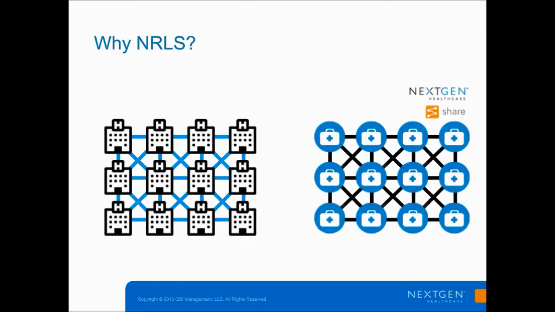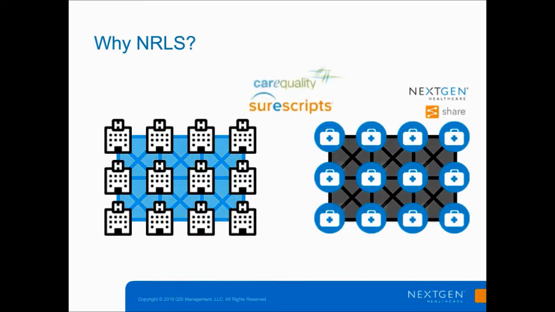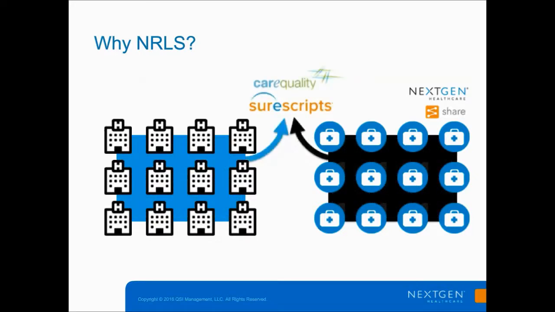The benefit of using NRLS is that it allows us the opportunity to connect our respective networks for secure data sharing, to solve that point-to-point problem we saw on the previous slides. Because it's built on the Carequality framework, it's scalable trust that already provides a point of connection for all of the edge systems and endpoints.